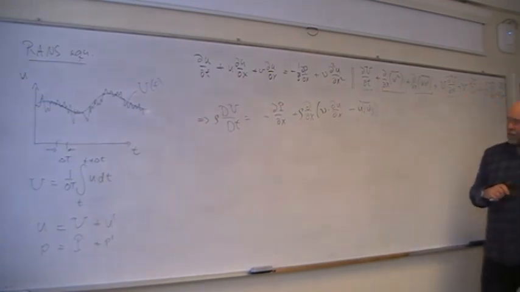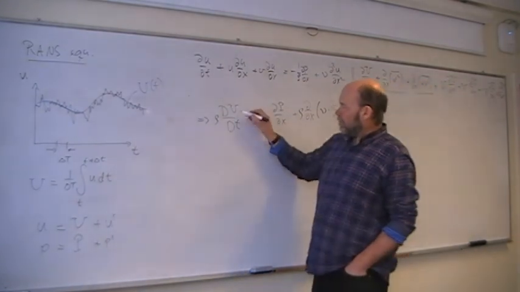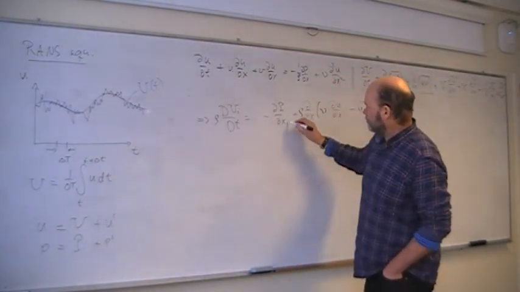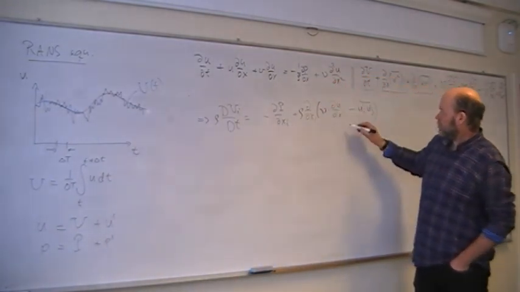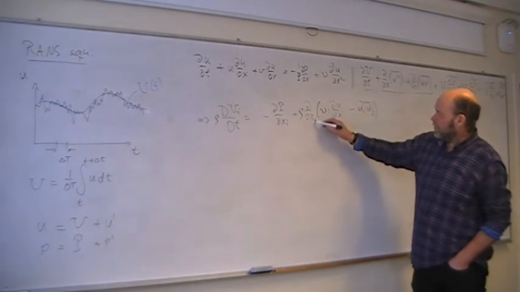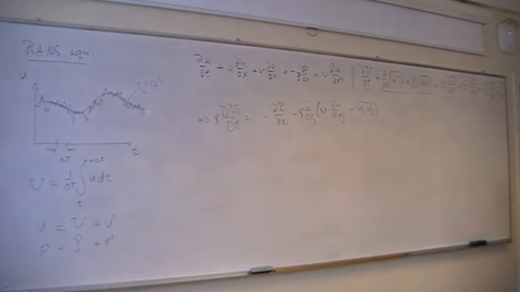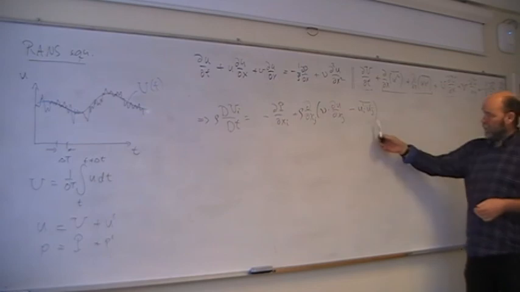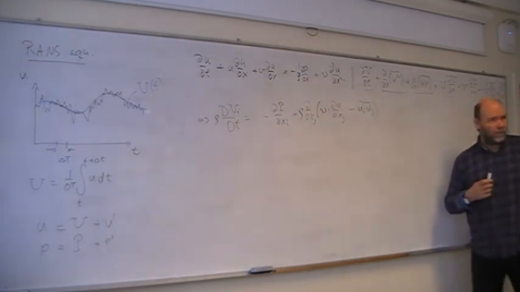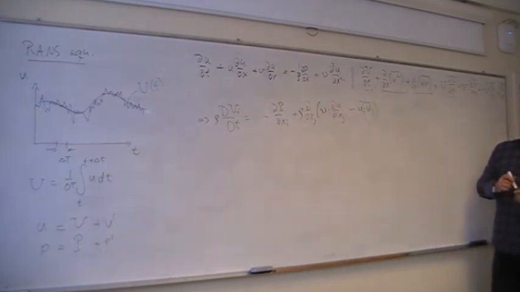So now, depending on which equation you are looking at, that should be j and j. Depending on which equation you're looking at, you have to put in the correct Reynolds stress.